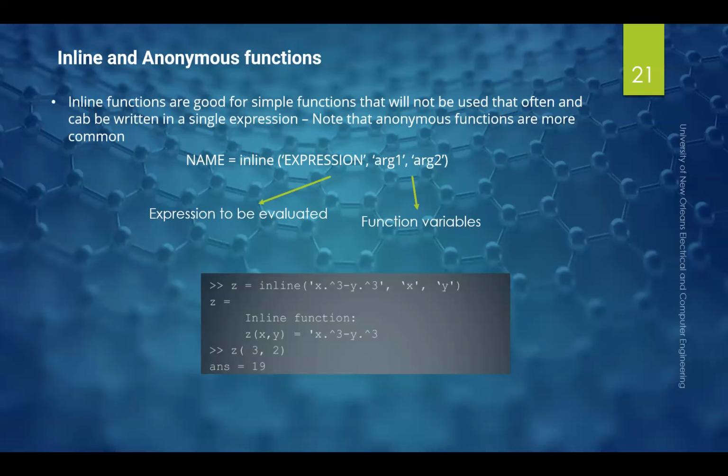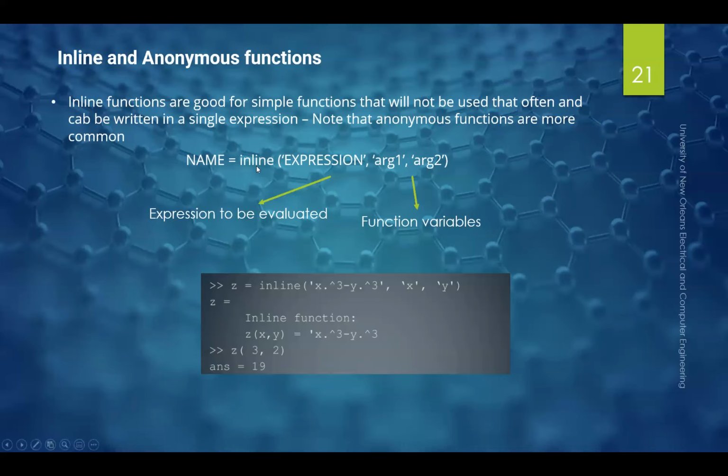Remember, that name is replacing the activity that's going on the right-hand side. Like the anonymous function replaced in the previous example the entire function a squared plus b squared plus c with one name only. It's the same idea here, right?